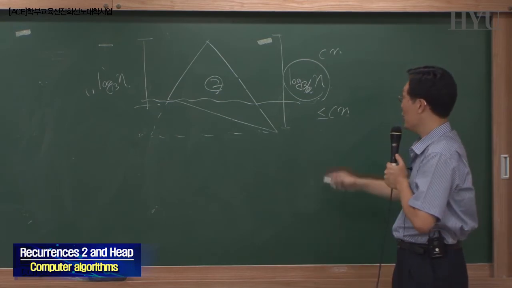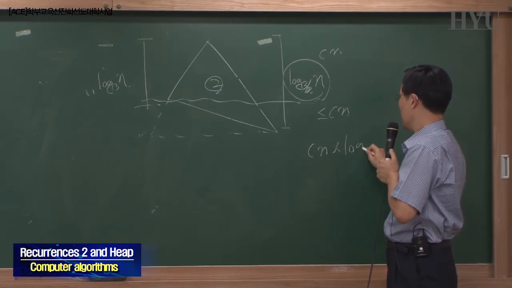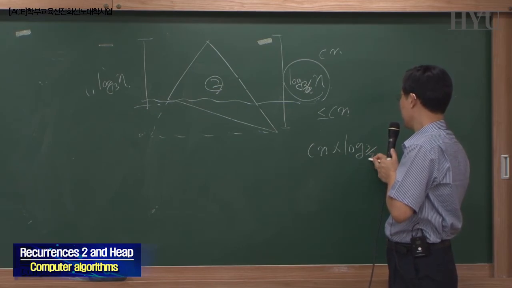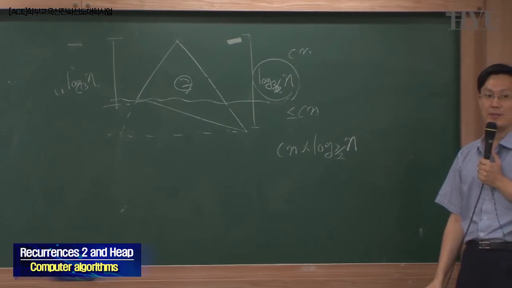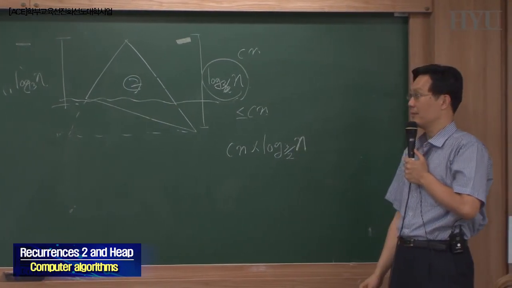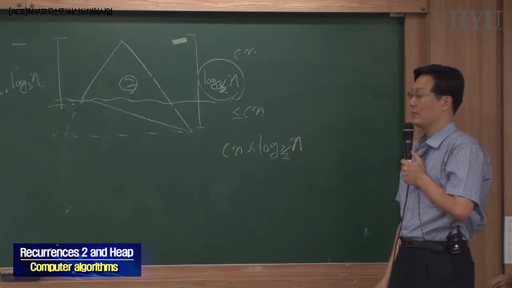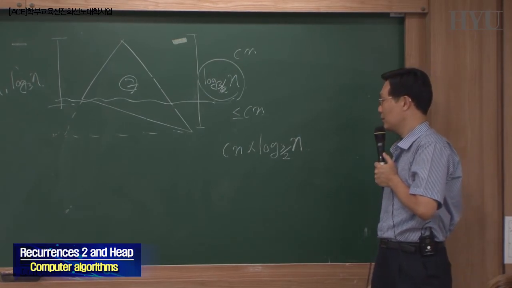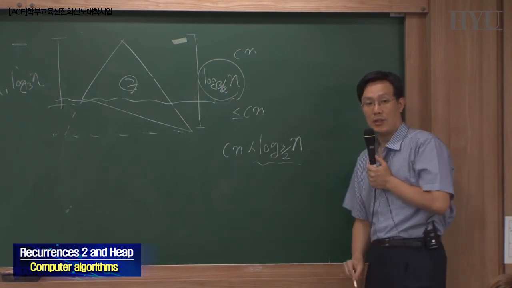Okay? So Cn times log n base 3 over 2. And look at this.